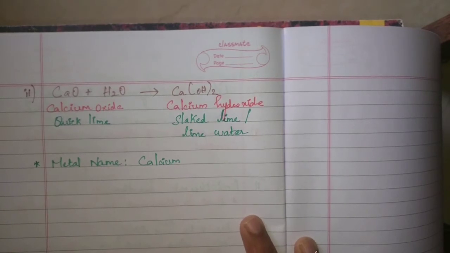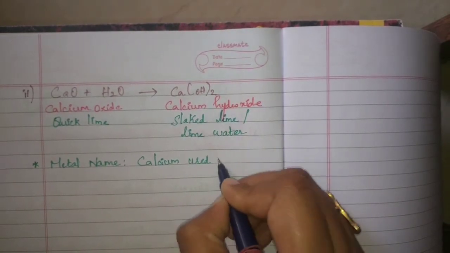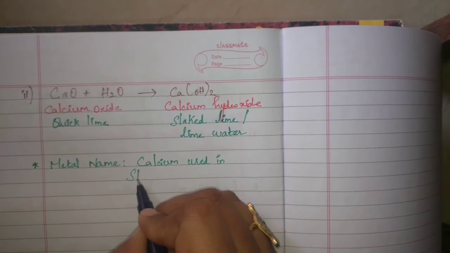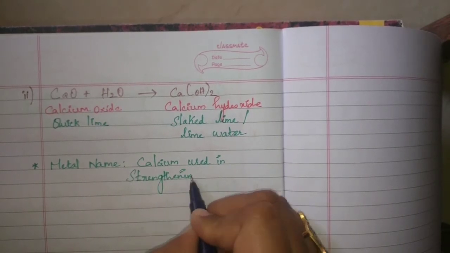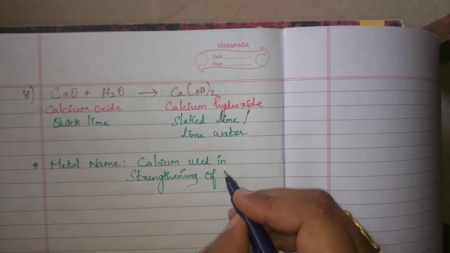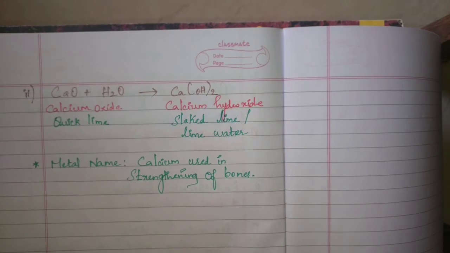Calcium is very, very important for our bone strength, right? So calcium is used in strengthening of bones. This keyword is given in the word question, students.